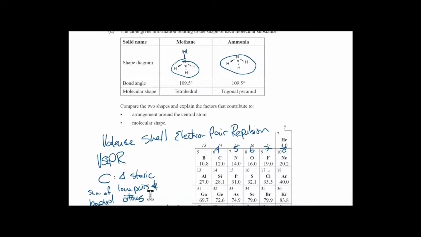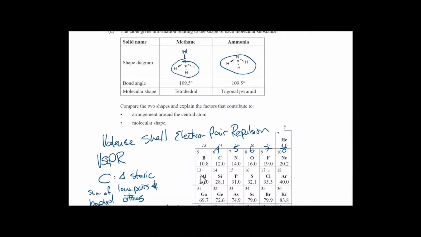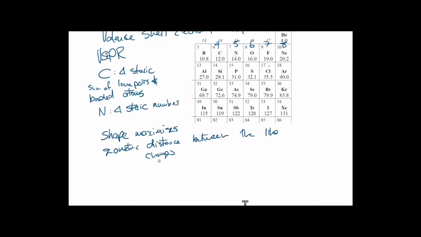They both have 4, but the makeup of lone pairs of electrons is different in ammonia and methane, and carbon is a little bit more greedy. It's a little bit more to the left here than nitrogen, so it wants that extra electron that the hydrogen can give it. And that's pretty much the difference.